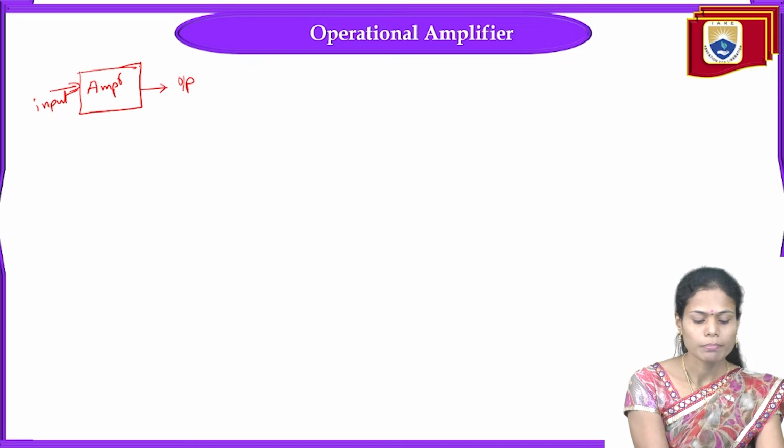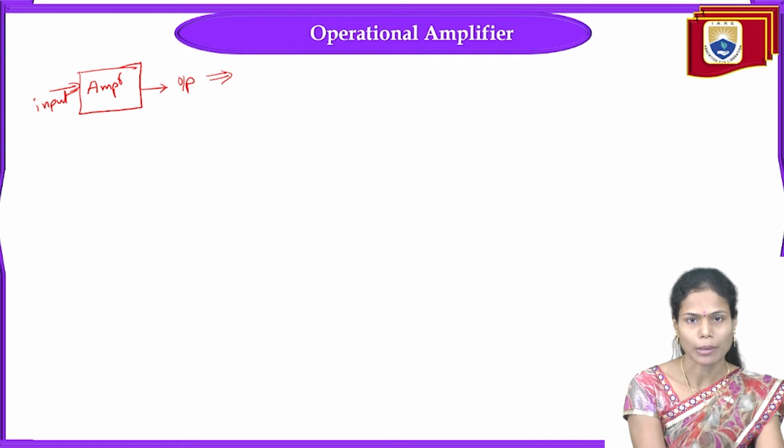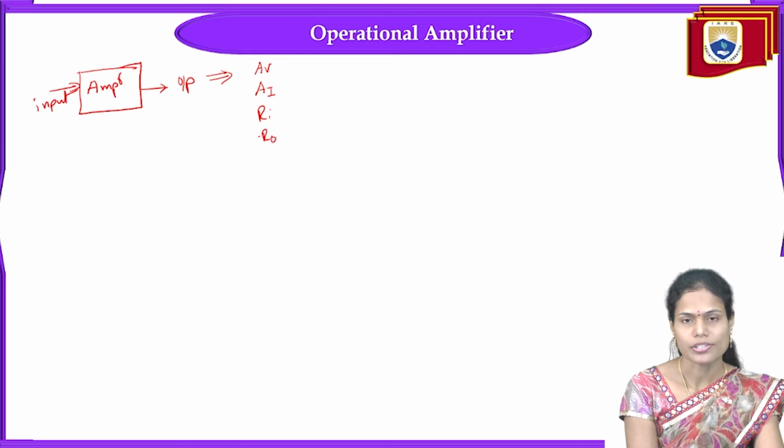The basic parameters provided by this amplifier circuit are the required voltage gain, current gain, input impedance as well as output impedance. These are the parameters which we can expect from any single stage amplifier. Those amplifiers can be designed using bipolar junction transistors or field effect transistors.